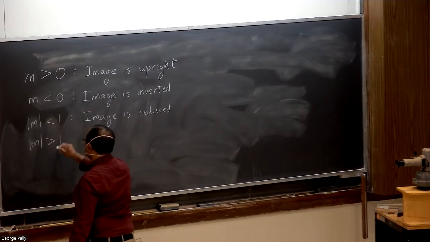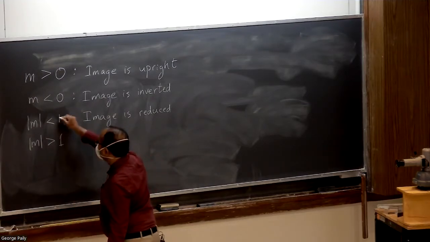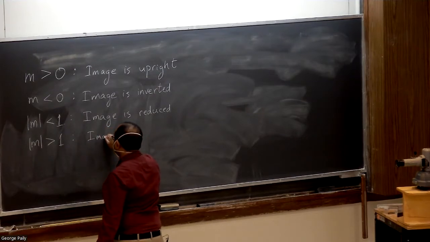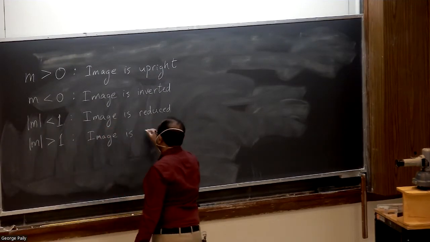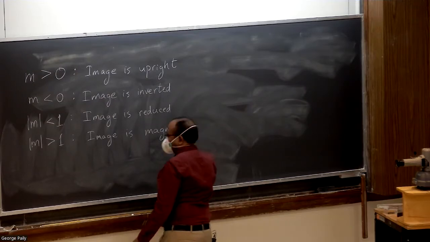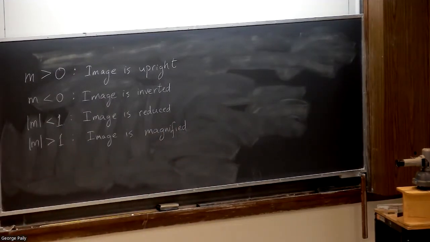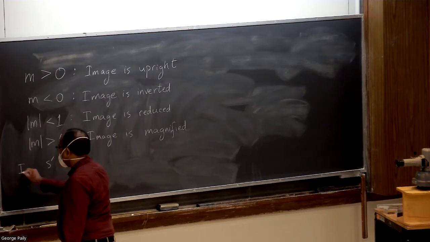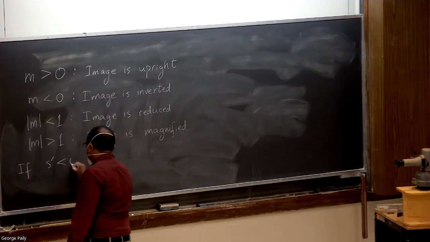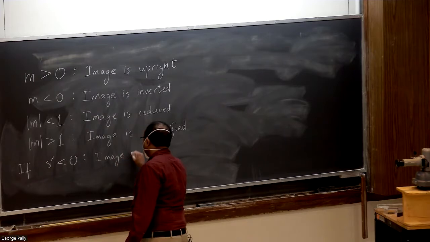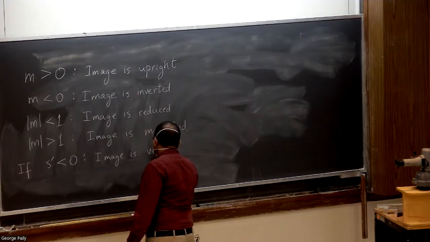If the absolute value of M is greater than 1, the image is magnified. Okay. And finally, if S prime is negative, the image is virtual.